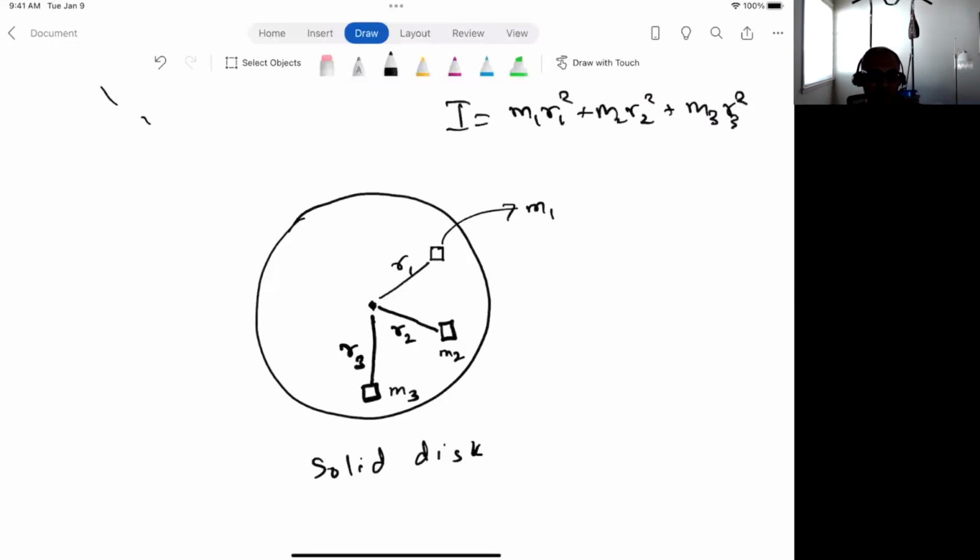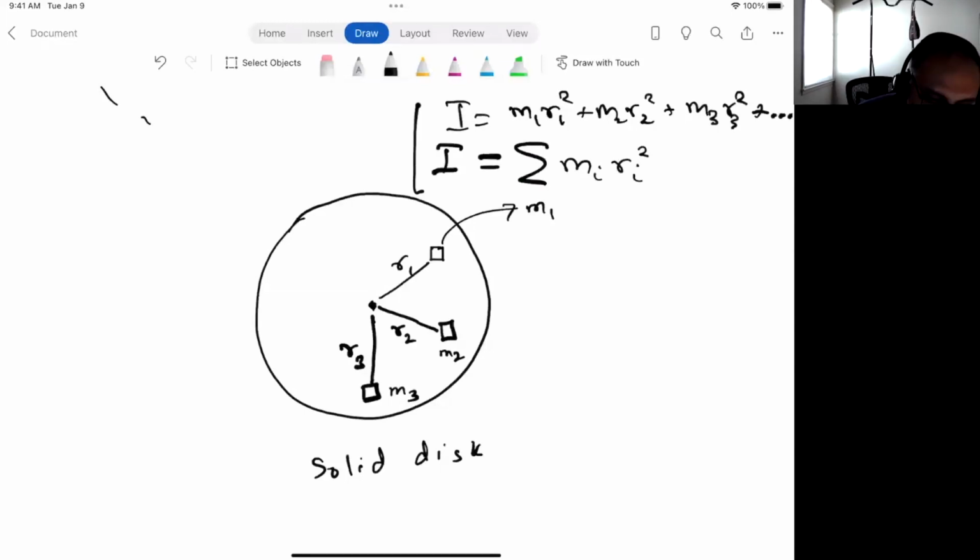So that means I can feel free to add up the moments of inertia of all these segments and get the overall moment of inertia of the disk. That makes sense? Everybody clear about that? So in other words, I can write the moment of inertia of the disk as the summation of mi ri squared, where the i's are all of the individual segments that I broke the disk up into.